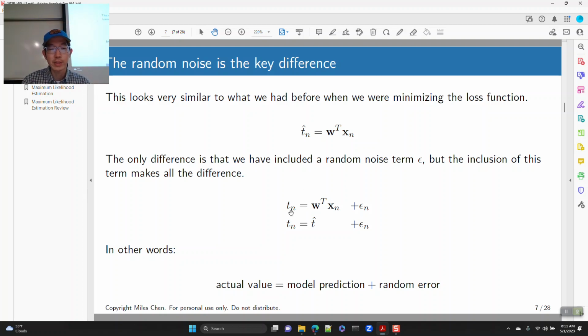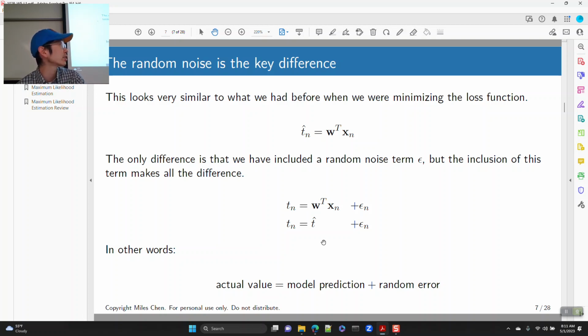The only difference is that we're adding on this epsilon, but really that is what makes all the difference. Okay, and effectively it comes down to the actual value is equal to our model's prediction plus the random error. Okay, and that's really the difference between the models that we're using.